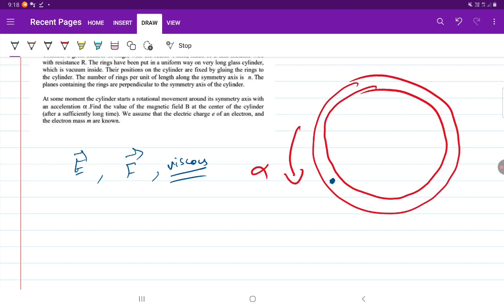Now in the frame of the ring, it will appear to move in the opposite direction with acceleration alpha r. So the viscous force will try to slow down the electron, and this way there will be a steady current generation in the coil. This is the core concept behind this problem: how the electrons will react to the rotation of the coil with respect to the symmetry axis.